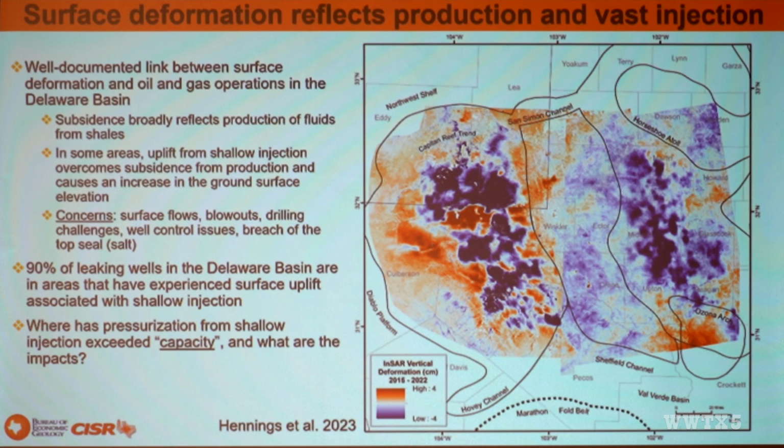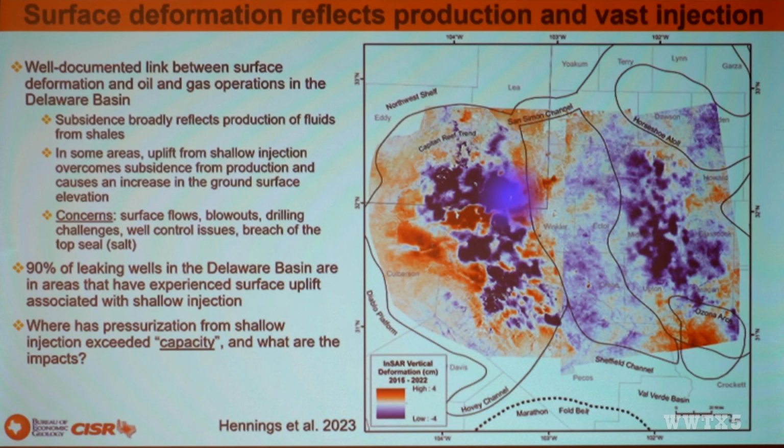And switching to something maybe more interesting, something we haven't heard yet, it's the surface deformation. How much uplift or sinking of the land we have in the basin. We do have updated maps of these, but I don't have them with me here. This is the uplift or the sinking of the Earth between 2016 and 2022.